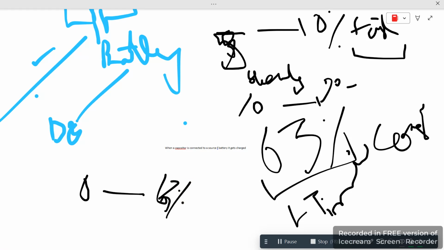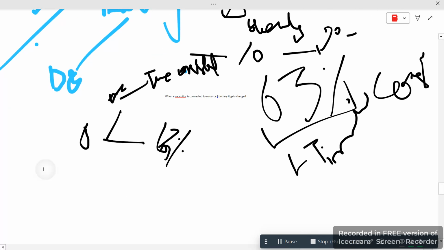0 to 63%, the time required is known as the time constant. Okay, so time constant is the time required for a capacitor. Let me write this as well.